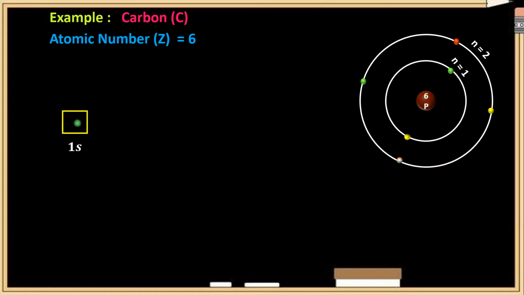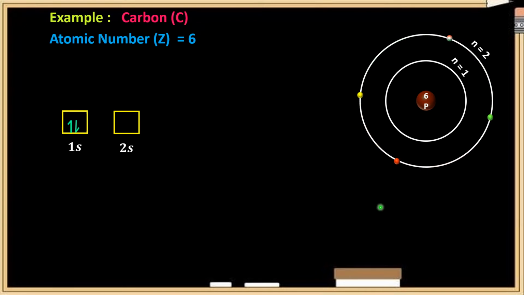First here I am drawing 1s orbital. So the first electron enters into 1s orbital. The second electron will also enter into 1s orbital. Next, I will take 2s. After filling 1s orbitals, we know electrons enter into 2s orbital.